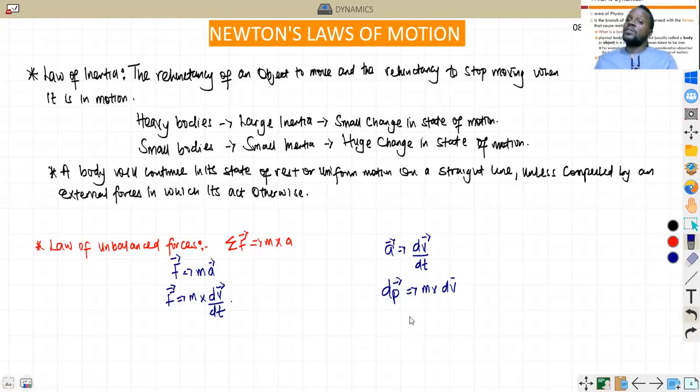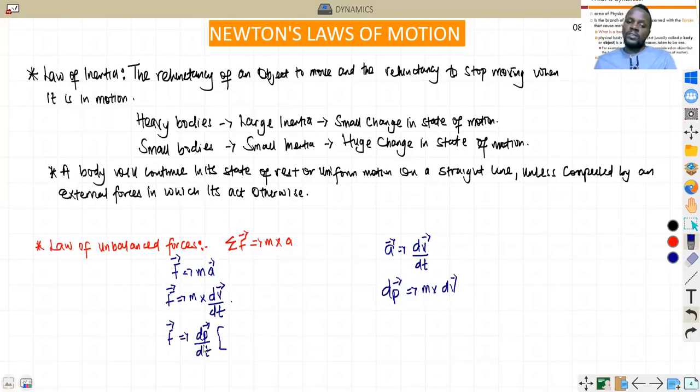What is change in velocity? That is V minus U, the final velocity minus the initial velocity. Basic classes, Class 10, you've talked about this. Now, if I substitute that value, the force here equals M times dV, which is dP over dt.